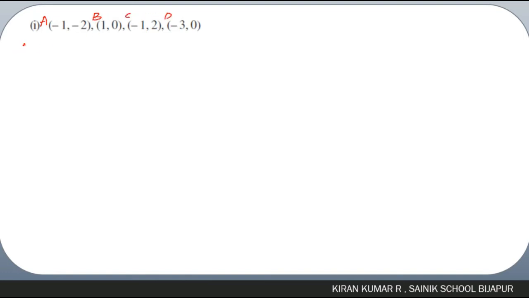Now I'll find the length of AB. The length of AB will be 1 minus of minus is positive 1 whole square plus 0 plus 2 whole square.